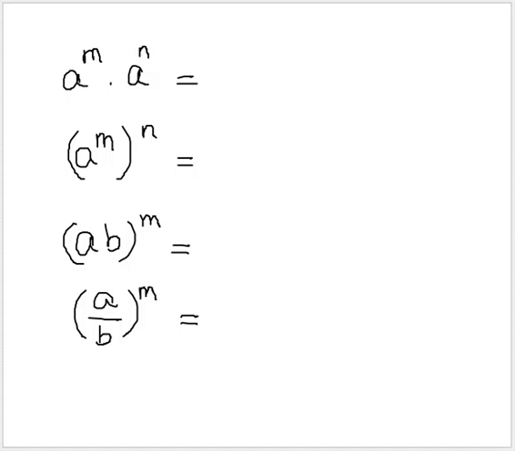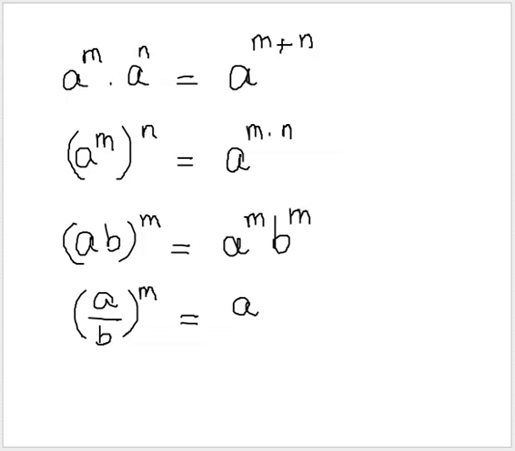The first one would be a to the power of m plus n. We add the exponents. Second one would be a to the power of m times n. The next one would be a to the power of m, b to the power of m, and the last one would be a to the power of m over b to the power of m.